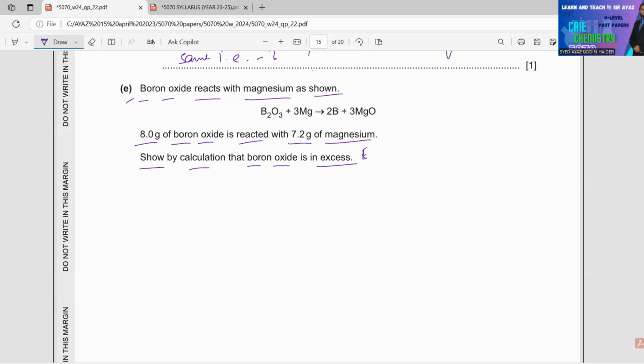So I am going to write here: either convert gram into moles, or use the mass given.